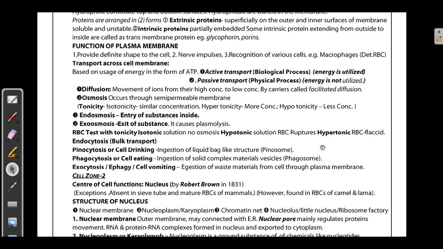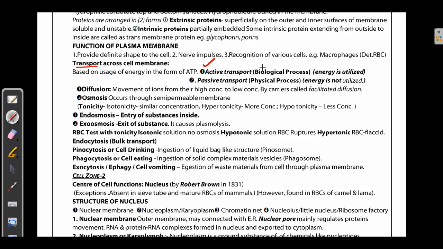One is called diffusion and osmosis, and we have classified the transportation across the membranes into two major types. One is called active transport, also called a biological process in your book, and it is an energy-consuming process. Next is passive transport, which is a physical process and energy is not utilized in this.